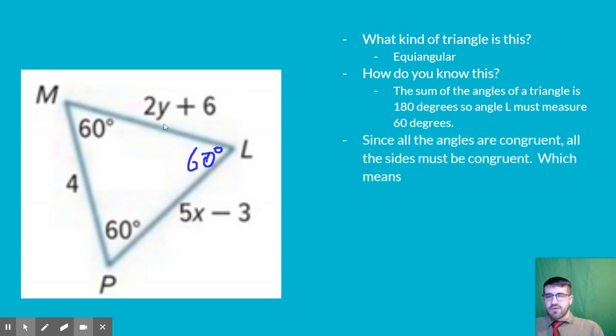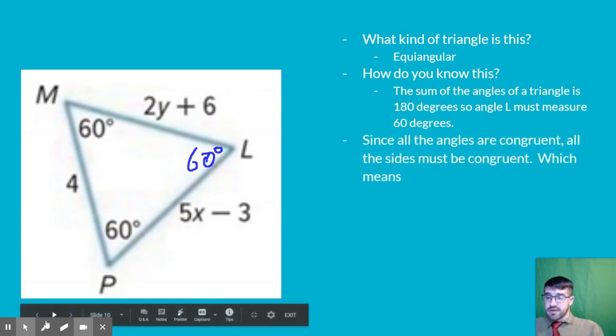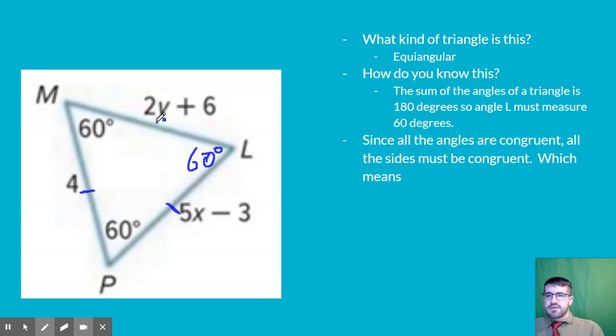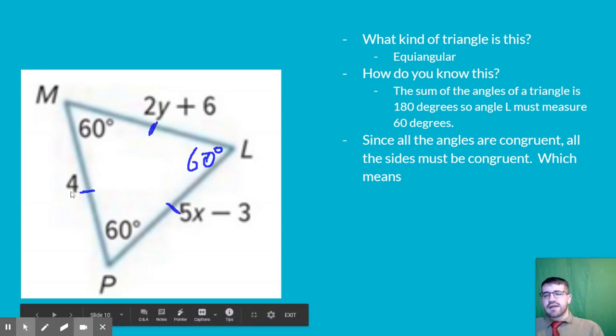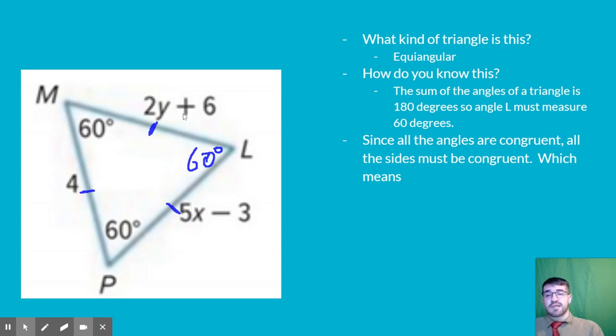Since all the angles are congruent, all the sides must also be congruent. And because we know that ML is congruent to LP and that's congruent to PM, which means that the measures are equal, or that 2y plus 6 equals 5x minus 3 equals 4.